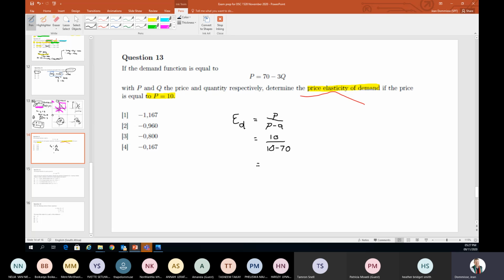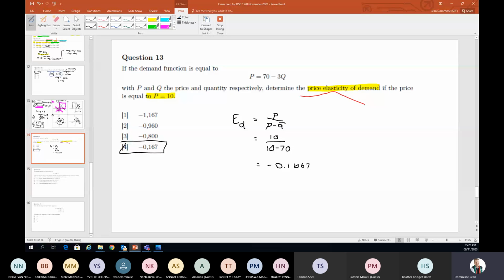10 divided by 60 is actually, yes, 0.1667. Okay, cool. So Patricia, you also used this one.